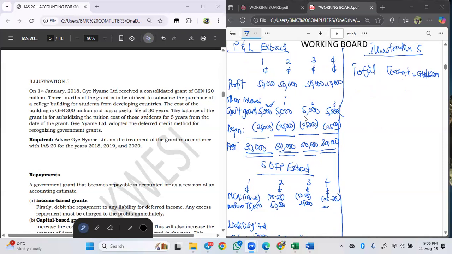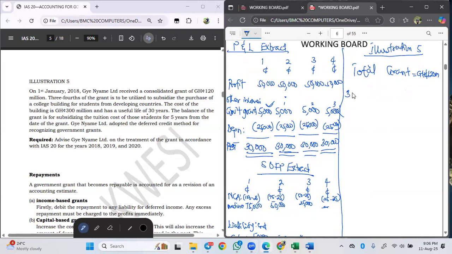Do you agree with me? You have the 2 types of grants here. We have revenue and capital. Because we are saying that 3/4 of the grant is to be utilized to subsidize the purchase of a college building, that one is an asset. So a grant related to an asset is a capital grant.